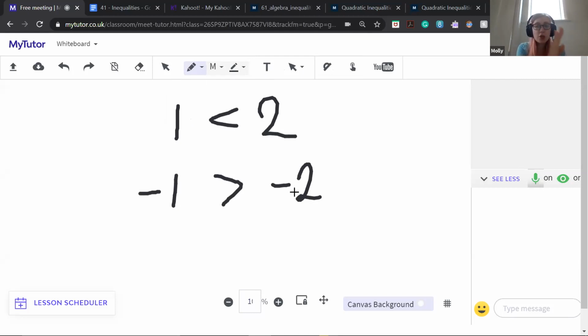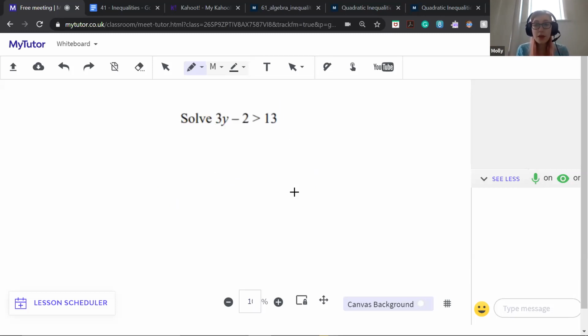So this is all you need to know to realize that if you multiply or divide by a negative, the sign flips. So any time with an inequality, you multiply or divide, think, is this a negative that I'm doing it by? If so, flip it. And we will see some examples where that happens. In this one, we're actually not going to have to do that. So we're just going to solve it as though that was an equals. We want to get just y on the left-hand side. So we're going to add 2 to both sides.